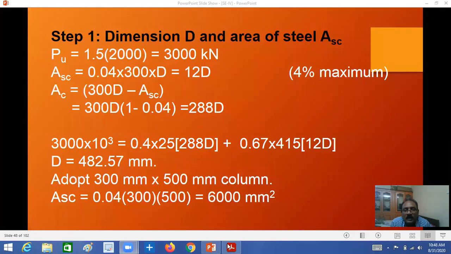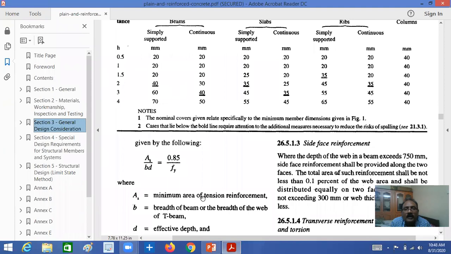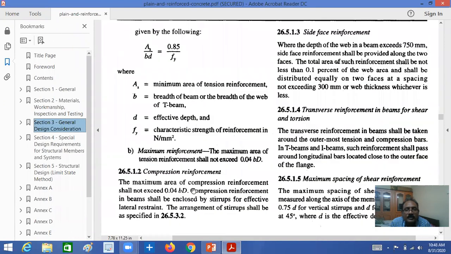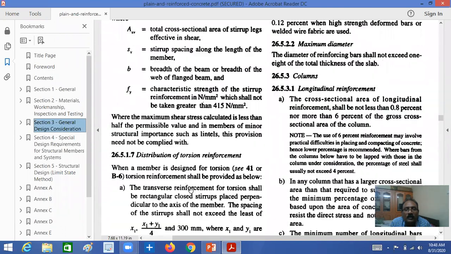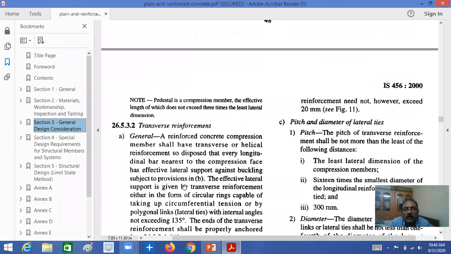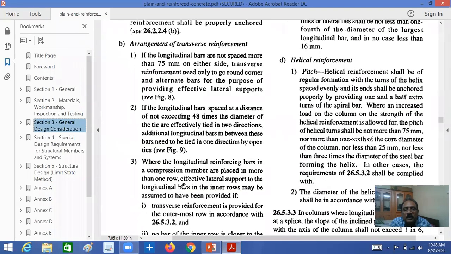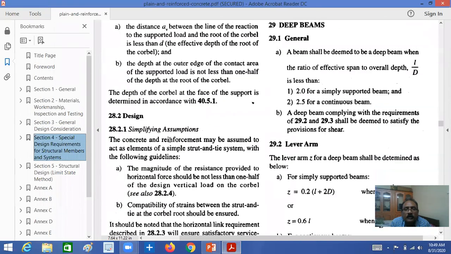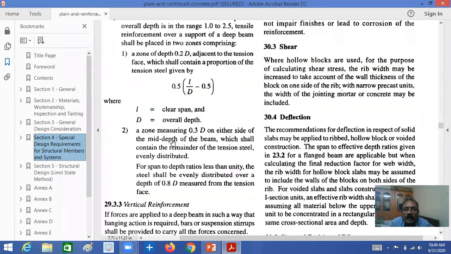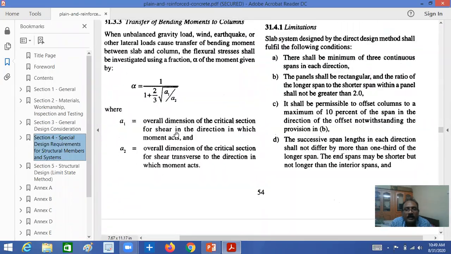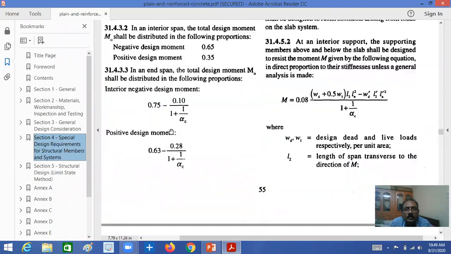What is that formula? Here, if you see how to calculate this formula for beams, design requirements, here you will have for beam requirements, you will have 26, and here design requirements. If you go to special design requirements for beams and columns, there are separate formulas given in the IS code book, and you should note them down.